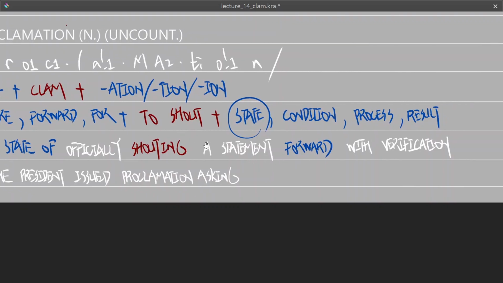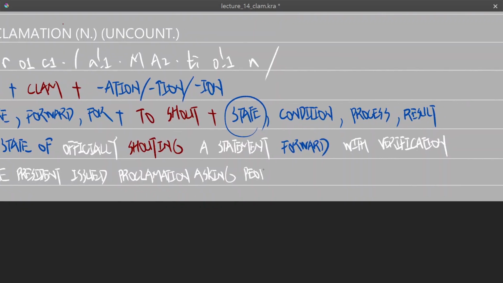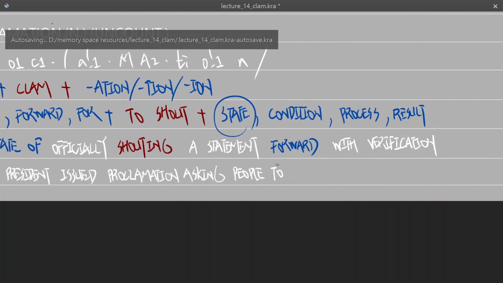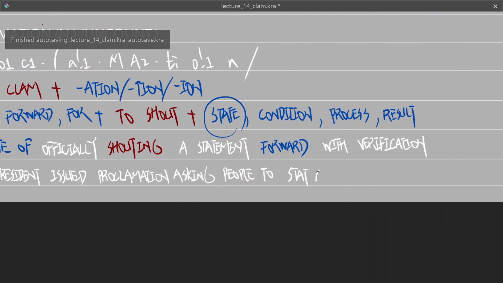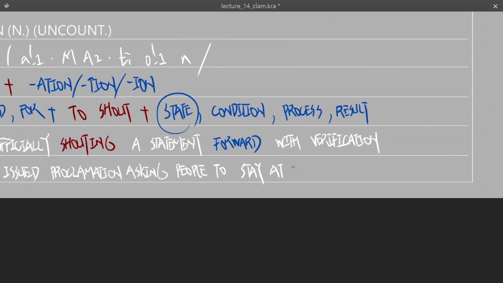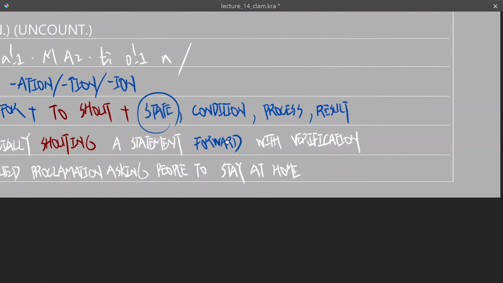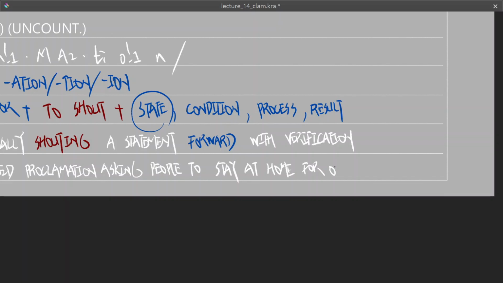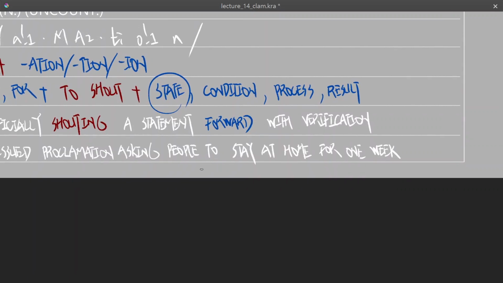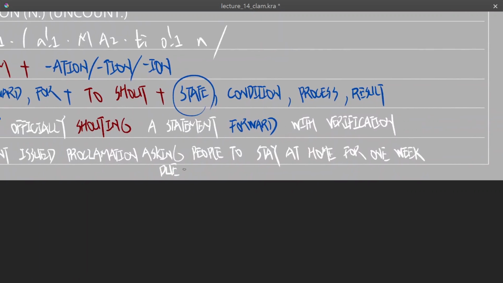Asking people to stay at home for 1 week. Why? Due to the outbreak of pandemic.